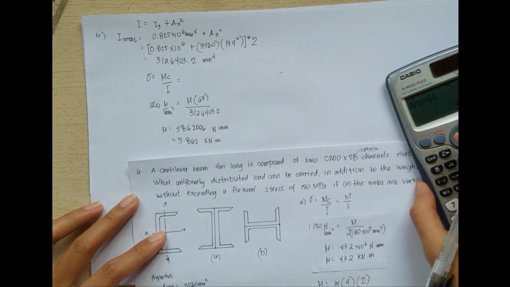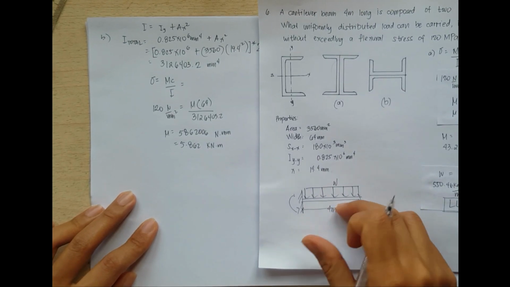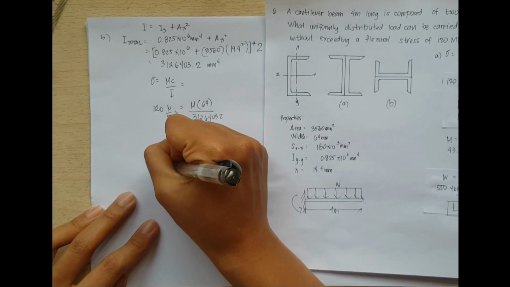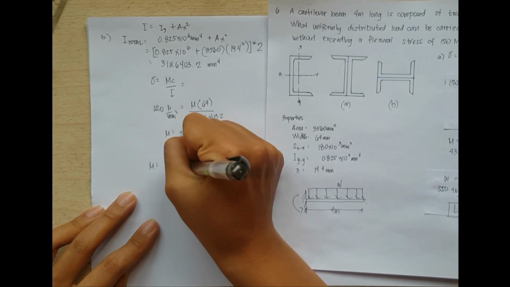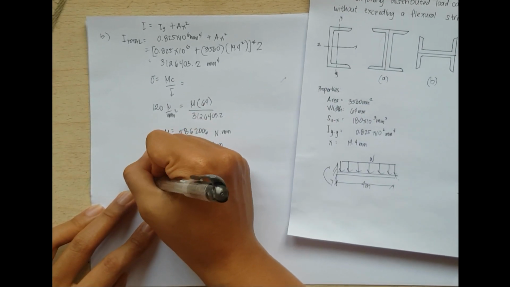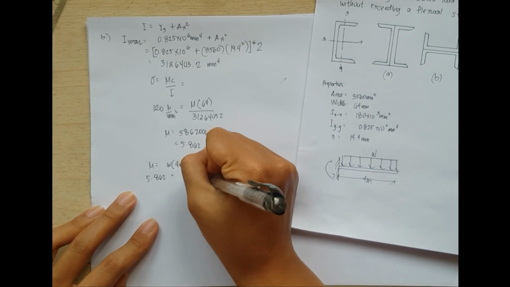So from this figure again, moment is equal to W multiplied by 4 meters multiplied by the moment arm, which is 2 meters. So yung moment natin is 5.862 W of 8 meters.